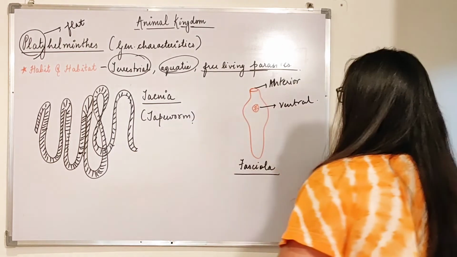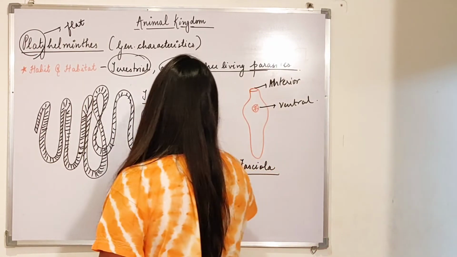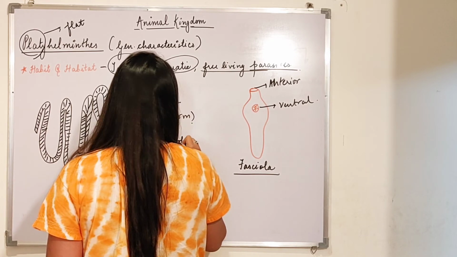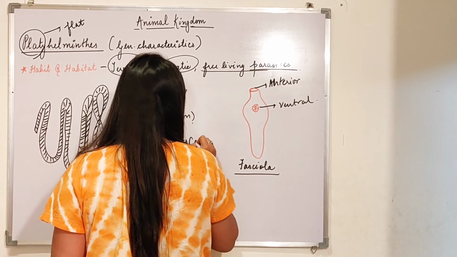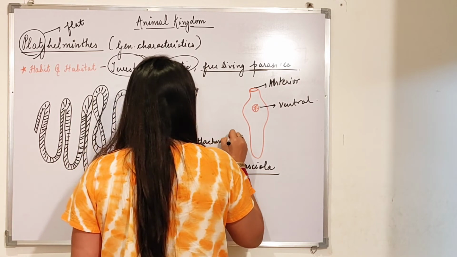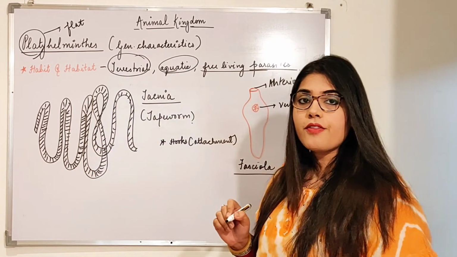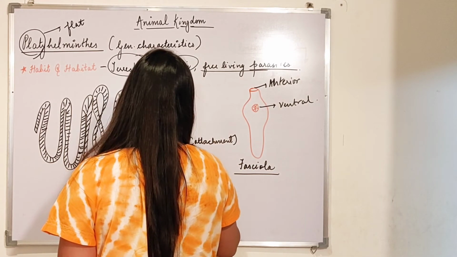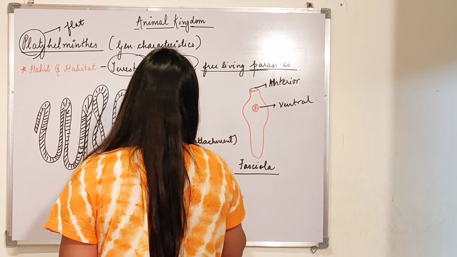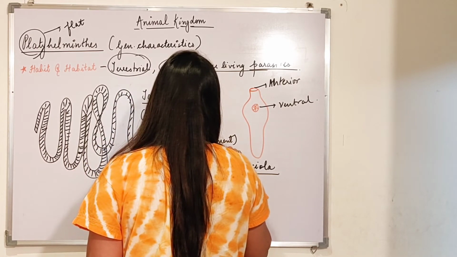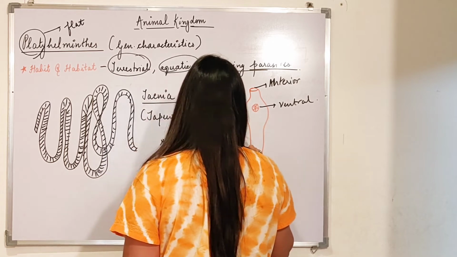Now special features. Number one special feature is the presence of hooks. Hooks are used for attachment, beta. Then suckers. Suckers, beta, are for sucking out all the nourishment. For their nourishment, suckers are present.